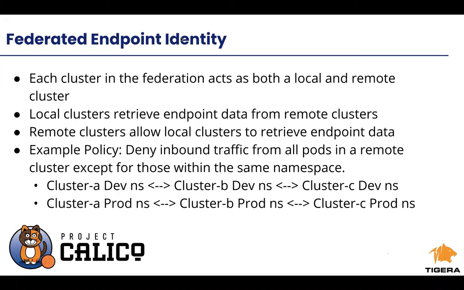You can imagine cluster A with a dev namespace, cluster B with a dev namespace, and cluster C with a dev namespace or a prod namespace. You want to create a network policy that makes sure the only communication in that dev namespace is from workloads in dev namespaces in remote clusters. It's a pretty powerful concept, and we'll see how we build on this as we get going here in just a bit.